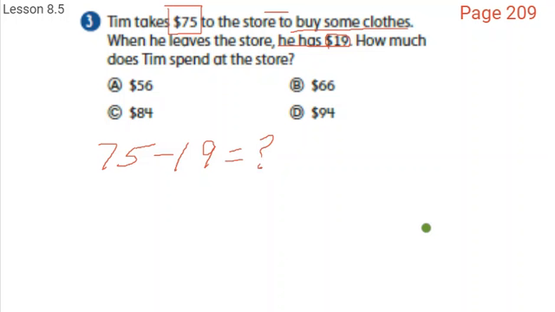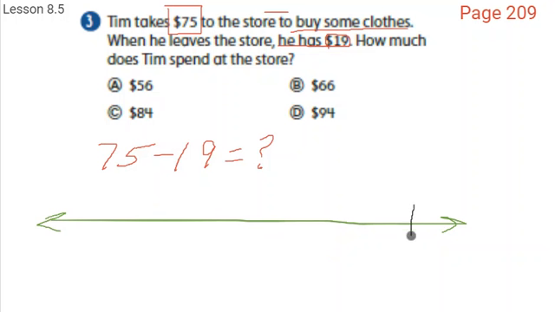Well, that's a little tough, but what I'm going to do is draw a number line. I have my whole here. That's where I'm going to put 75. And then 19. I'm going to find out how much money he spent. So I can make a 10. I'm just going to do a little one hop and add 1.